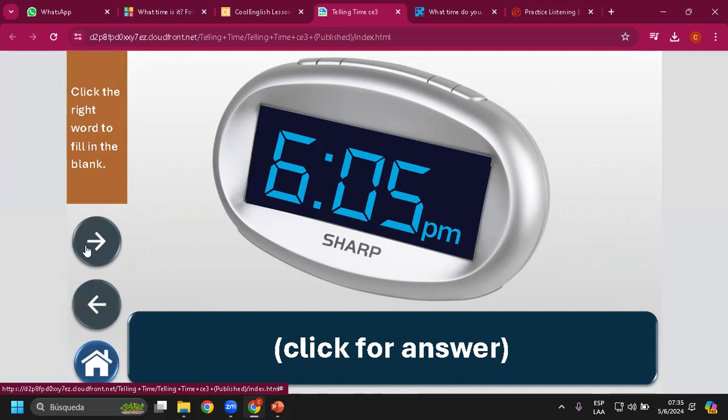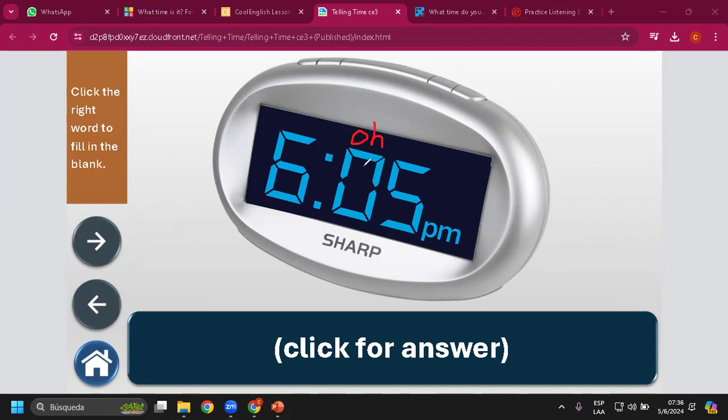Or 6:05 p.m. in this case, remember, I have a 0 over here. So the 0 needs to be pronounced. We are going to say 6:05. The 0, we don't say zero in this case.